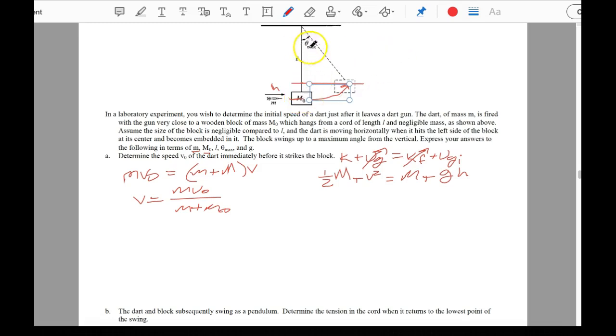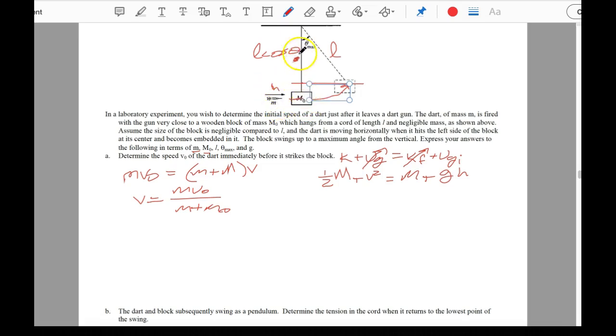We know that this is L right here. We want this side, so we're going to cross the L off on this side so we don't get confused. Now we've got L on this side, we have an angle, and we want to know this side. That would be the cosine of the angle, so this would be L times the cosine of the angle, but we just want this little part here.